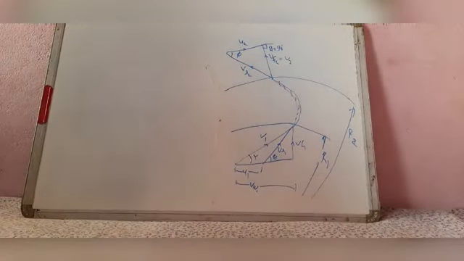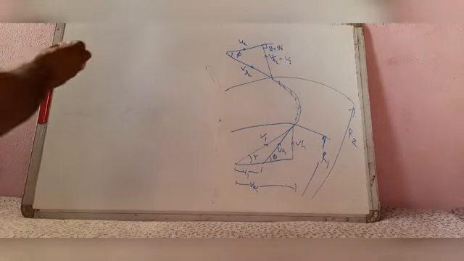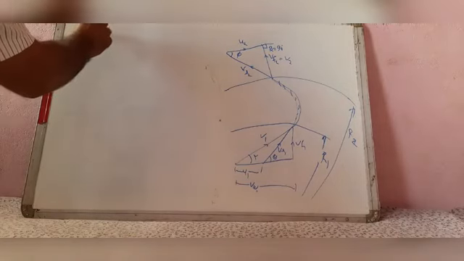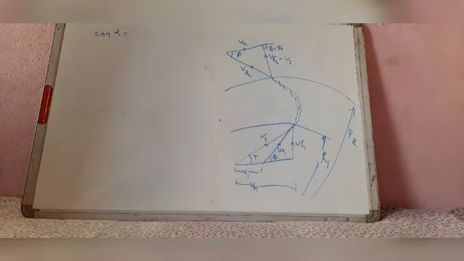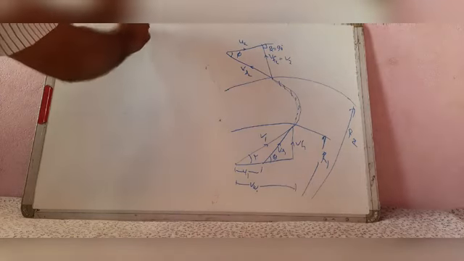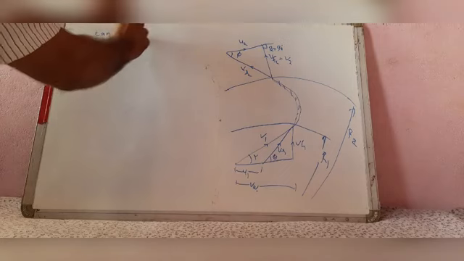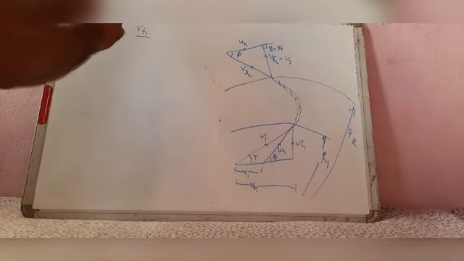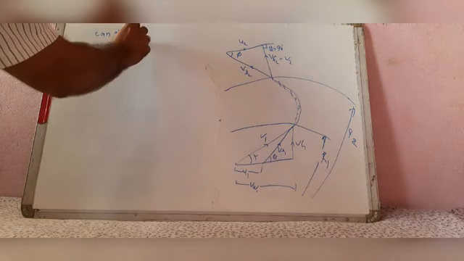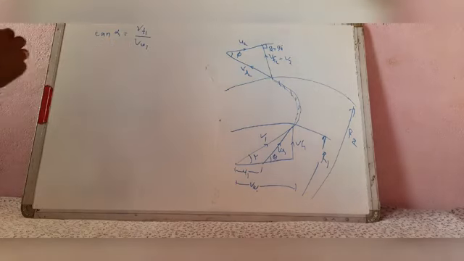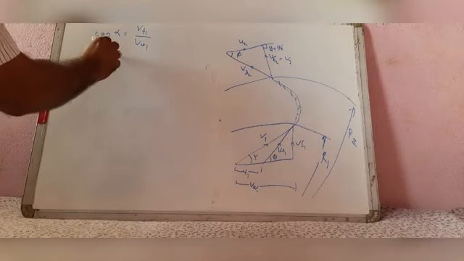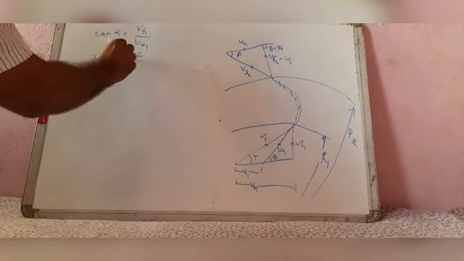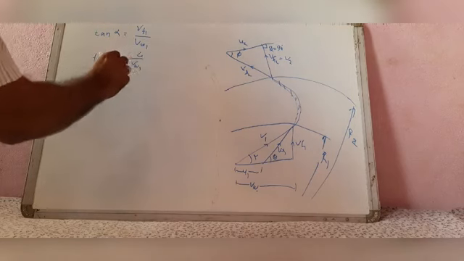So here from the inlet velocity triangle, tan alpha equal to Vf1 by Vw1, so that is tan 15 equal to 4 by Vw1.